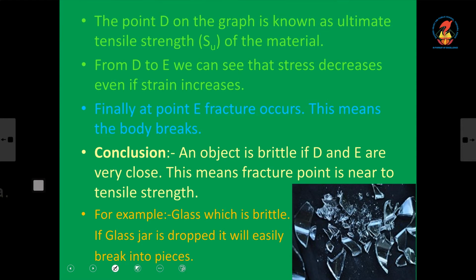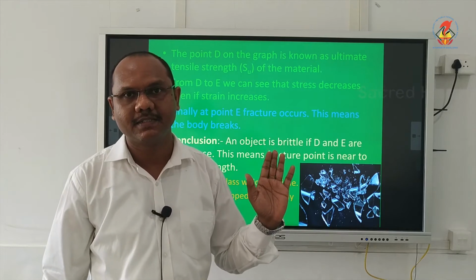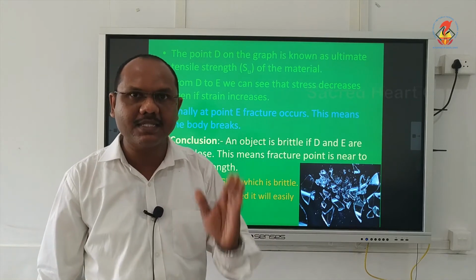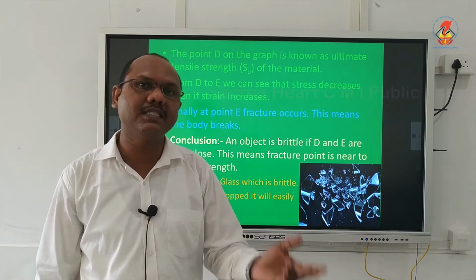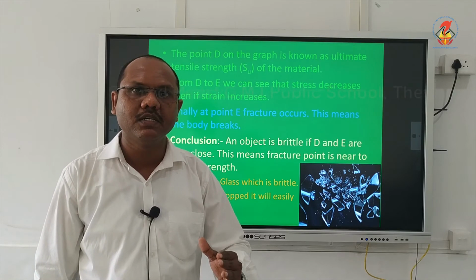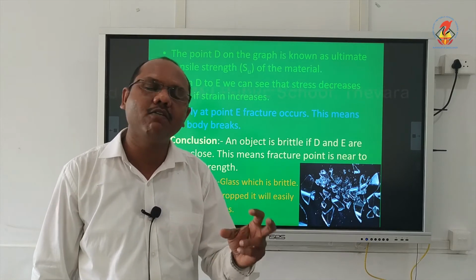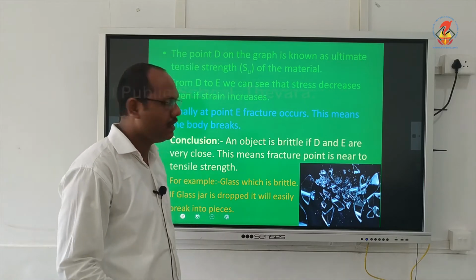If a glass jar is dropped, it will easily break into pieces. Is glass elastic? Glass is elastic, but when it crosses the elastic limit, it does not have a plastic range of extension, so it will break easily.